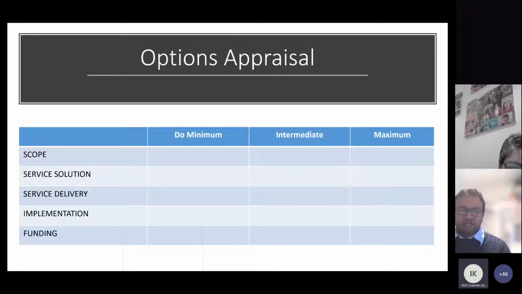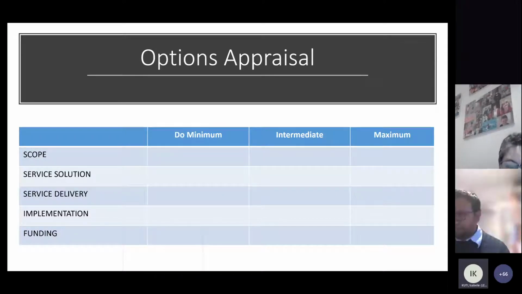We have no residual capacity on our network. So our scope is to connect. Minimum would be maybe to connect London and Birmingham. Our intermediate would be to do London, Birmingham and the northwest, and the maximum would be to do London, Birmingham, northwest, and cover Yorkshire and Humber, maybe even the northeast. So that gives you a scope.